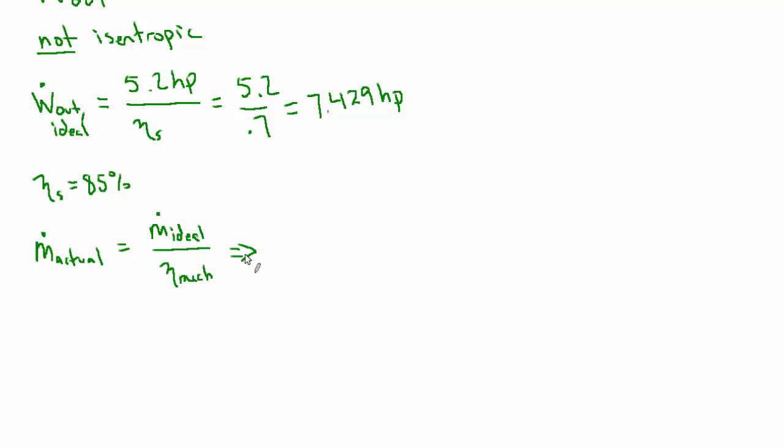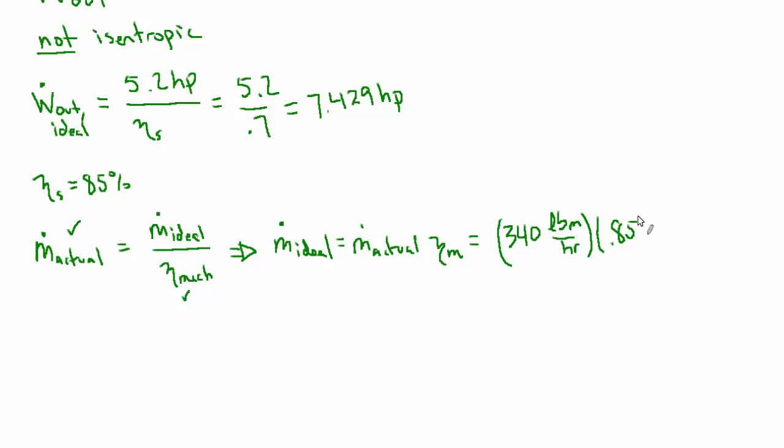And we have to rearrange that because we know the actual flow rate and the efficiency. What we're finding is the ideal flow rate. So m dot ideal equals m dot actual times the mechanical efficiency, which is 340 pounds per hour times 0.85. And that equals 289 pounds per hour. Okay, so let's review what we just found.